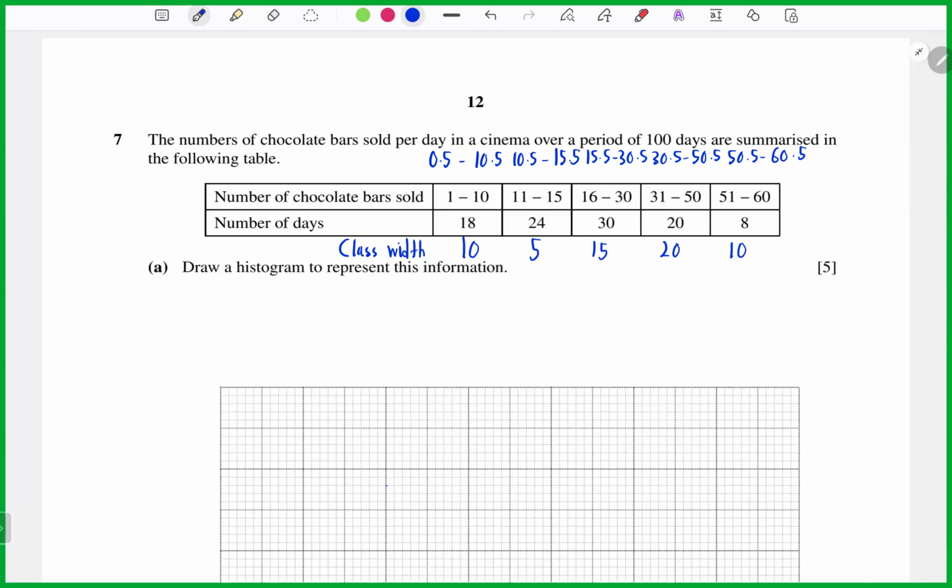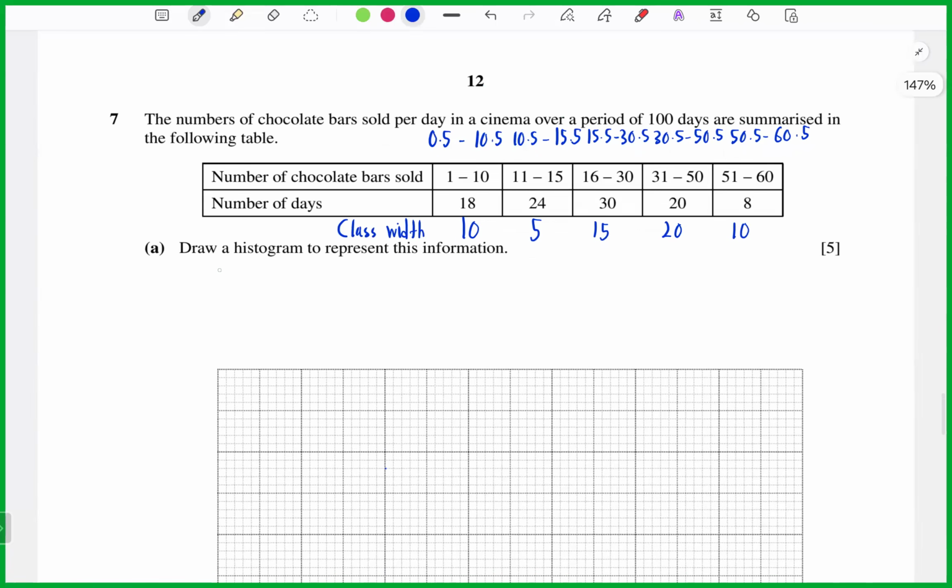So now you can see this is a different class width for every interval. So you need to use the frequency density to find it out. So now we try to calculate the frequency density.